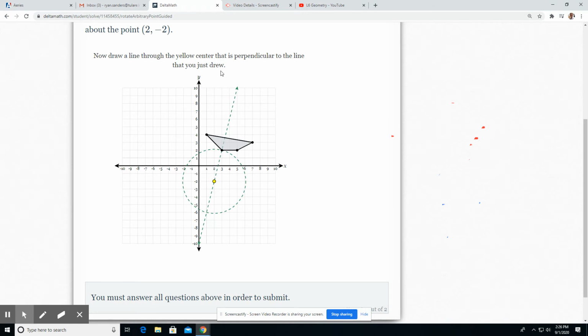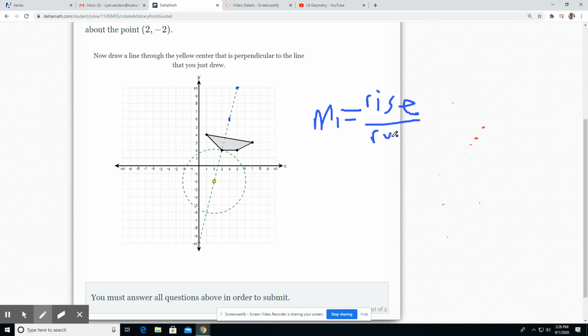Now draw a line through the yellow center that is perpendicular to the line you just drew. All right, perpendicular. Here's where we've got to be careful about it. So I need the slope of this line. I'll use this point and this point here. So m1, or the line that I'm focused on, is rise over run.